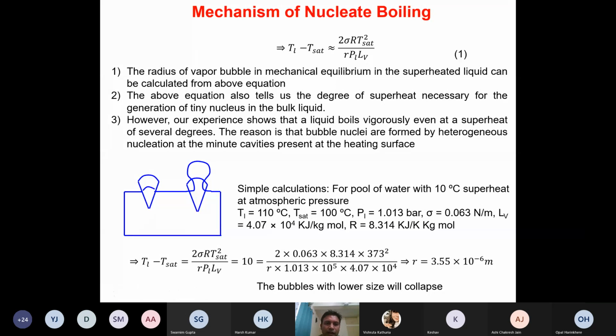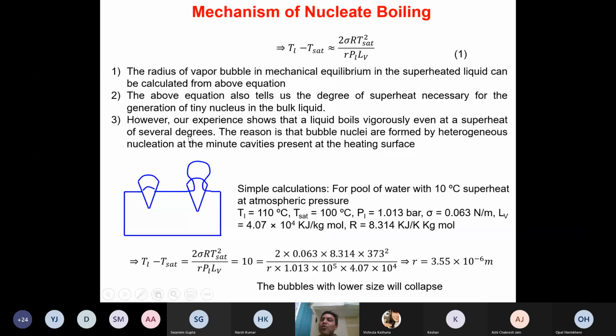So here you can see, however, our experience shows that a liquid boils vigorously even at a superheat of several degrees. The reason is that the bubble nuclei are formed by heterogeneous nucleation at the minute cavities present at the heating surface.